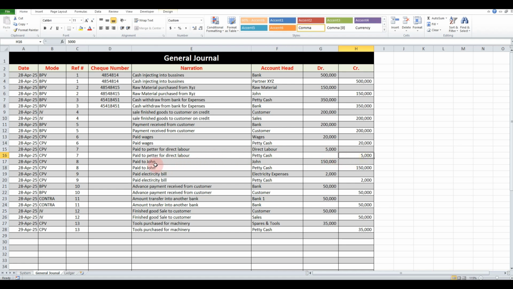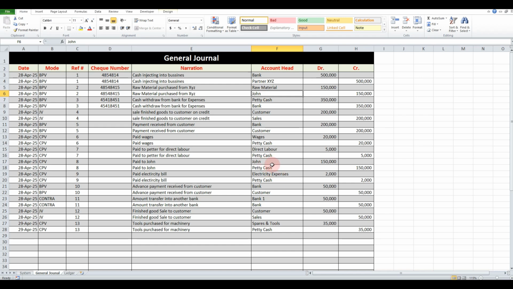Now the eighth entry shows paid to John. John is a liability account. I paid against the raw material I purchased. So the raw material I purchased from John, John is a liability account.